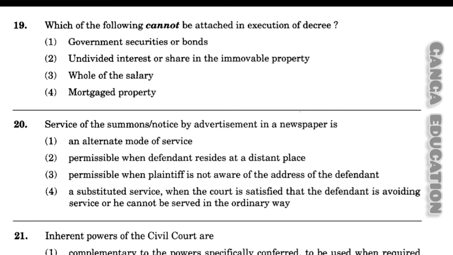Option number 4, a substituted service when the court is satisfied that the defendant is avoiding service or he cannot be served in the ordinary way. And the correct answer is option number 4, a substituted service when the court is satisfied that the defendant is avoiding service or he cannot be served in the ordinary way.